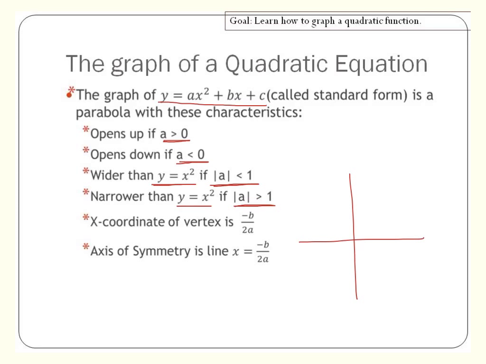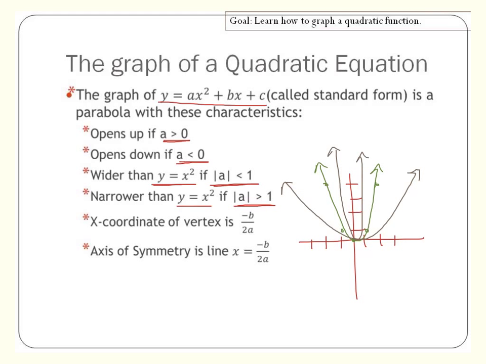We'll get into specifics on how to graph, but your parent graph goes through these points right here. So there's the parent graph. When we're talking wider than the parent graph, you're talking about something that comes out like this. And narrower than the parent graph would be something like this.